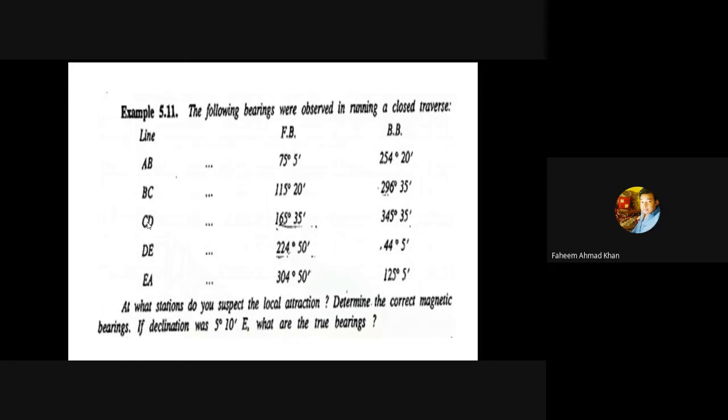Thus for the observed bearing at CB, we know that stations C and D do not have local attraction, since the difference of the back bearing and fore bearing of the line CD was 180 degree, which is correct. So since it was correct, the correction to be provided at station C will be 0.